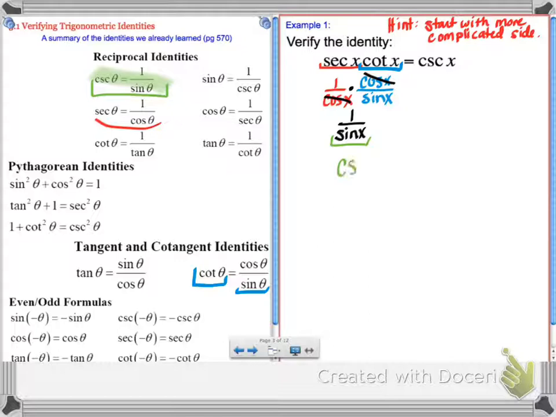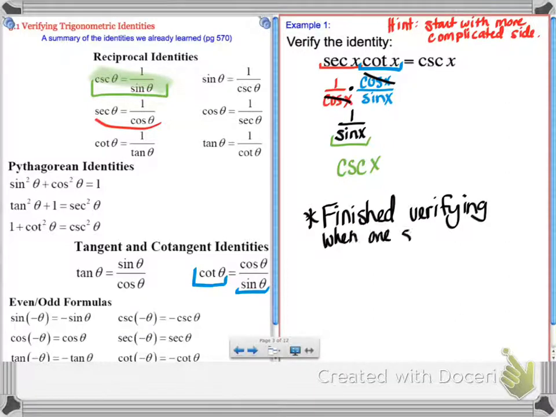So now I'm writing my final equivalence that 1 over sine of x is cosecant of x, and I'm actually done verifying this identity. You're finished verifying an identity when you have turned one side into another side using equivalence statements. So notice I did nothing with the cosecant of x, I simply worked with the left and turned it into the right. Let's take a look at the next example.